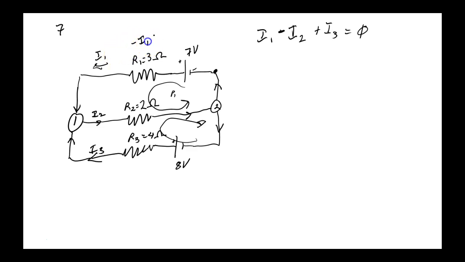Well, I is I1 and R is 3 ohms. So you have a drop in voltage of 3 I1. Ohm's law is E is equal to IR. And E or V, you could use either one of them.